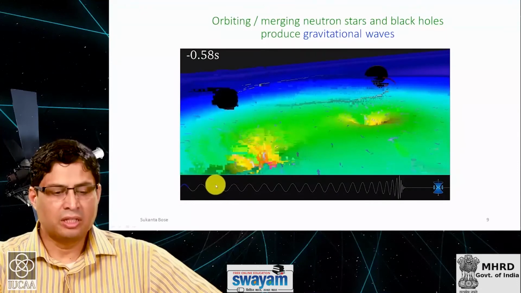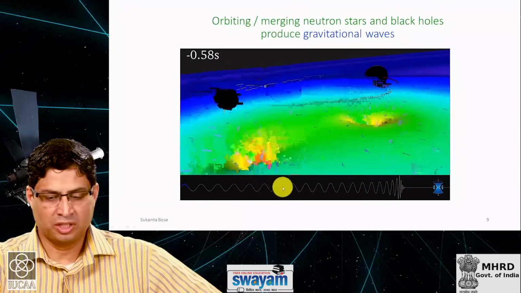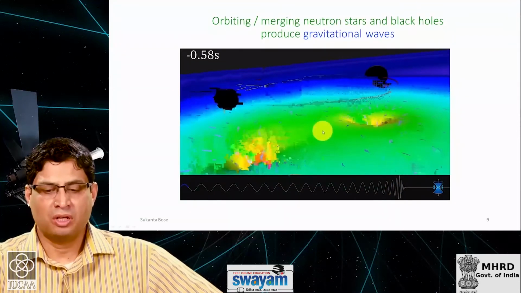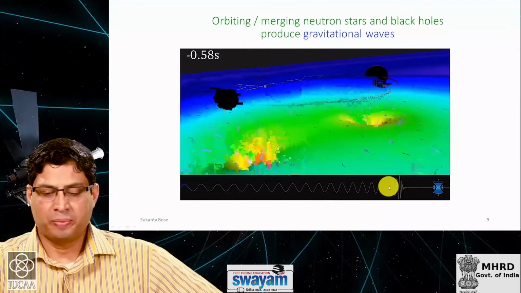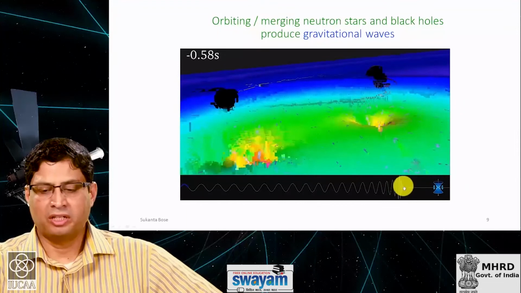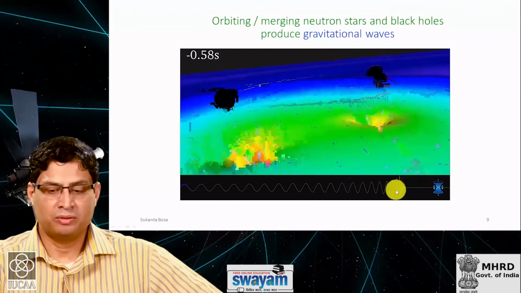The instantaneous amplitude and frequency of that strain increase with time, and eventually the black holes merge to produce a common black hole, and the final waveform is that of the ring down of the quasi-normal modes of that common black hole.